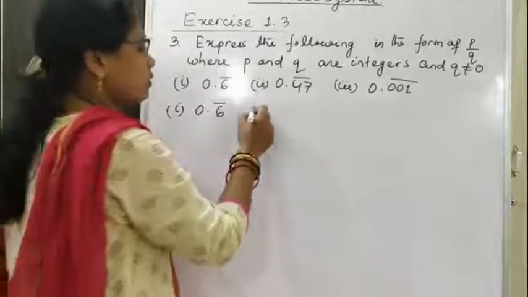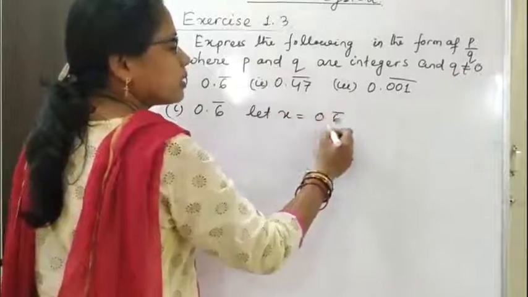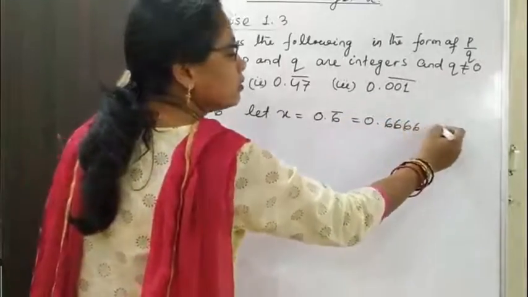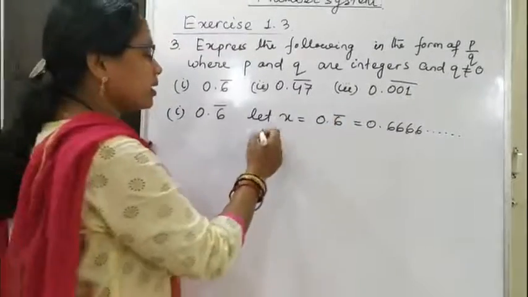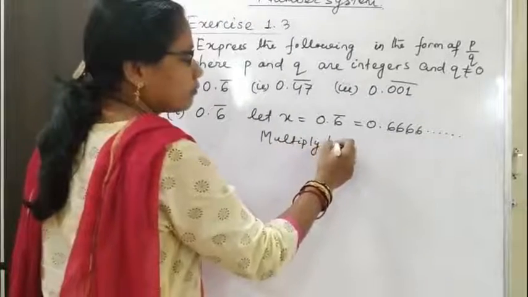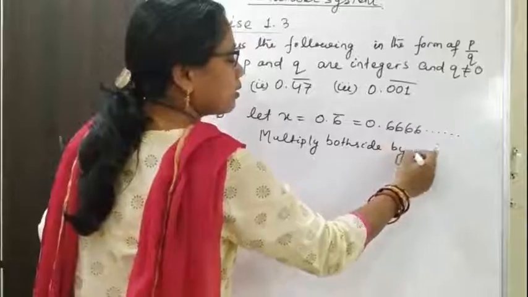So let x is equal to 0.6 bar. So that is equal to 0.666 up to infinity. Then we multiply both sides by 10.